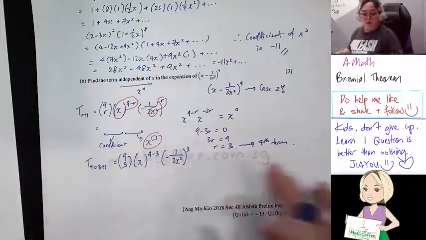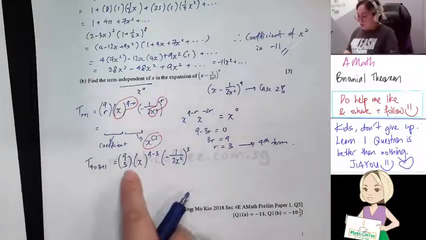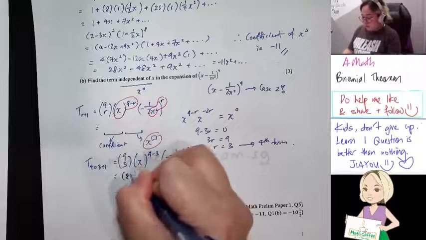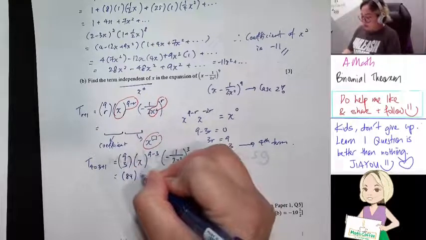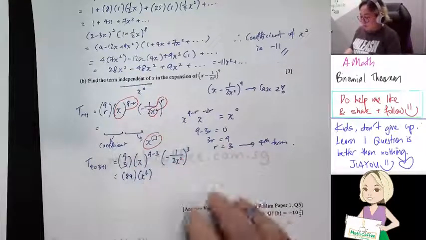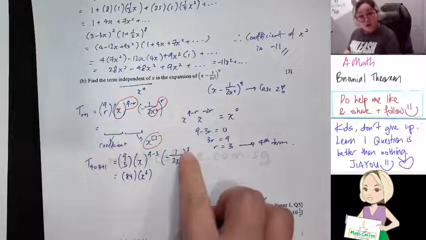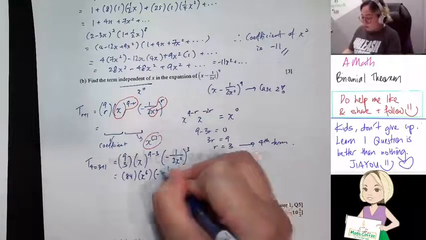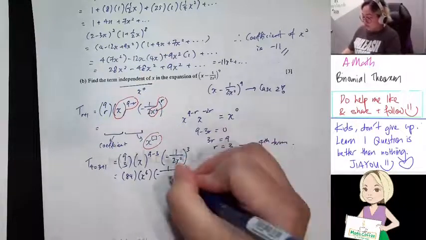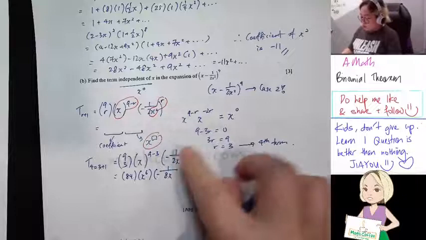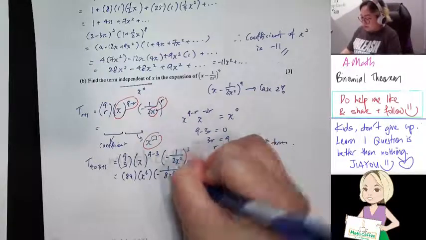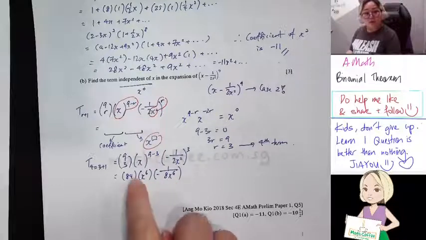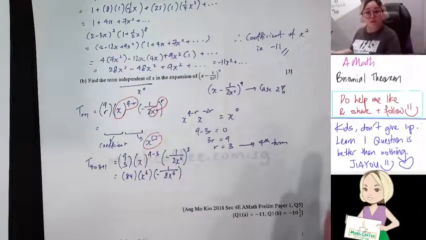Then of course the rest is pressing the calculator. 9C3 will give me 84. This one is 9 minus 3, which is 6, so it's x to the power of 6. This one, negative to the power of an odd number, gives negative. So it will be minus 1 over 2 to the power of 3, which is 8, and x to the power of 2 times 3, so it's 6. You can see this is x to the power of 6 and x to the power of minus 6, so they cancel and it becomes x to the power of 0.